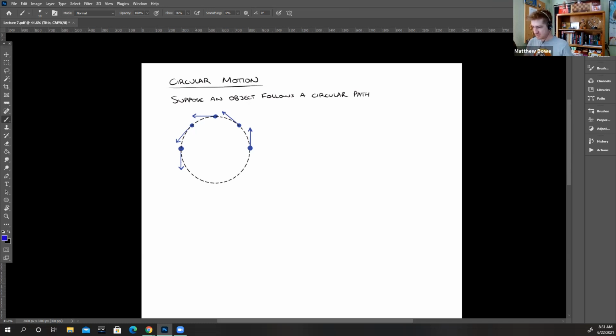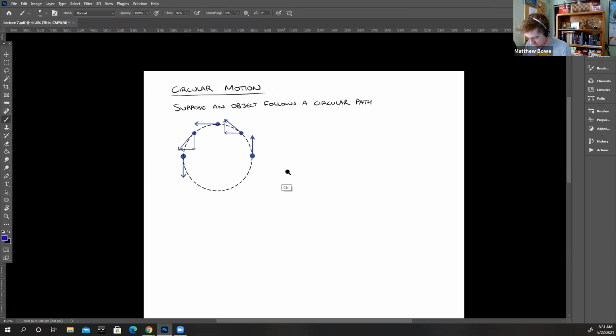And previously I was talking about how we can take something's horizontal components and vertical components, and we could split them up and only look at those two things separately. So we can do that also with something moving in a circular path. So let's take these components of this thing moving in a circle.